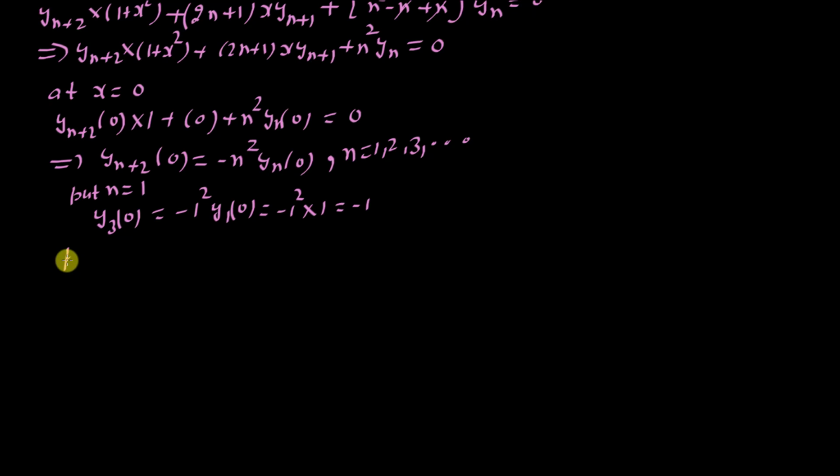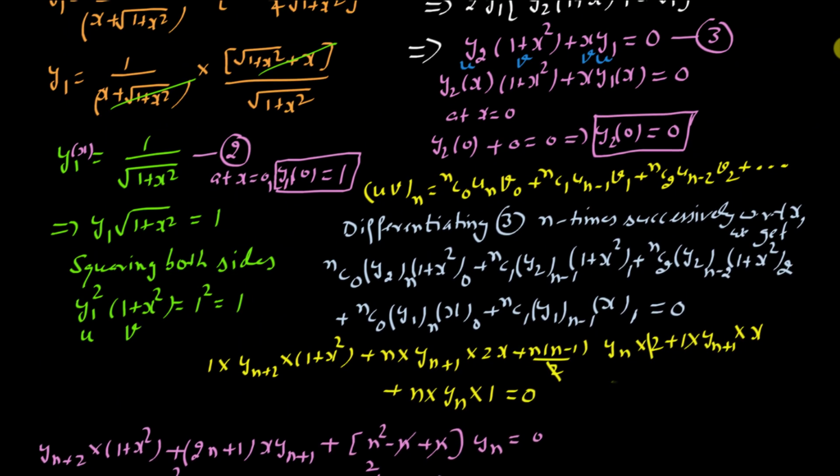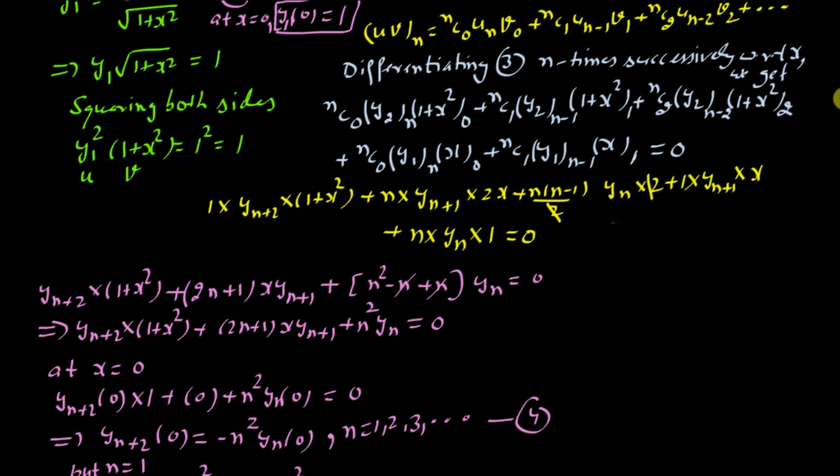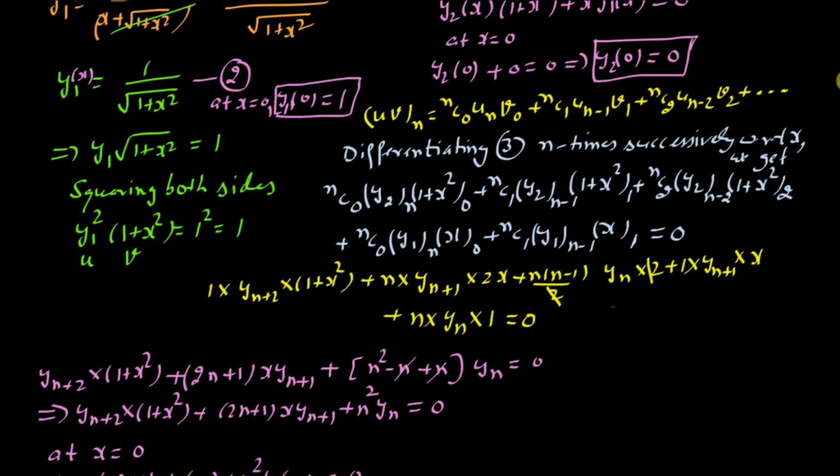Put n is equal to 2 in this equation, and this equation could be named as, what is the last number that we have named? Up to 3. So this equation could be named as equation number 4. Put n is equal to 2 in 4. You will get y4(0) is equal to minus 2 square y2(0), and you know y2(0) is 0.